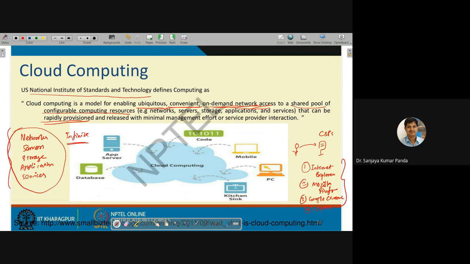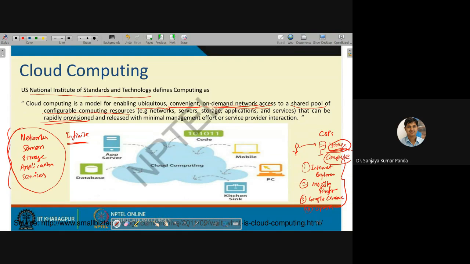You have to see which resource you require, whether you need a storage service, a compute service, or a database as a service. This service you have to choose. You have to select the appropriate service. Then the service is going to provide you the resources. That's why with minimal management effort, the service will be provided to the customer.